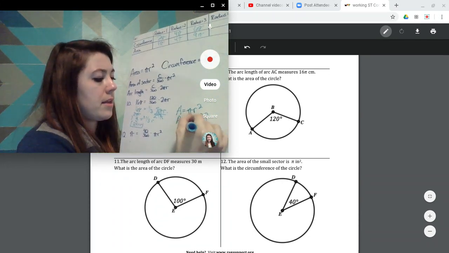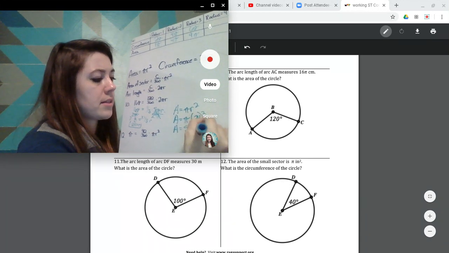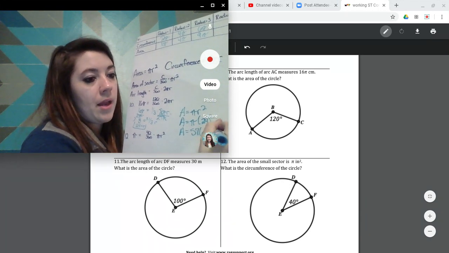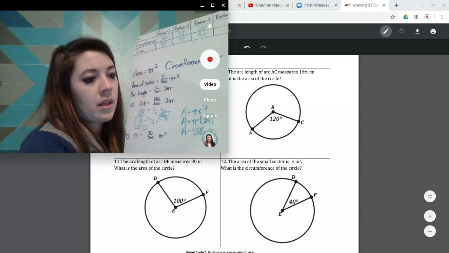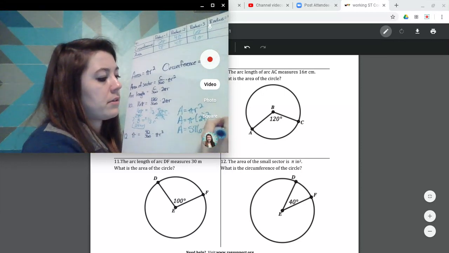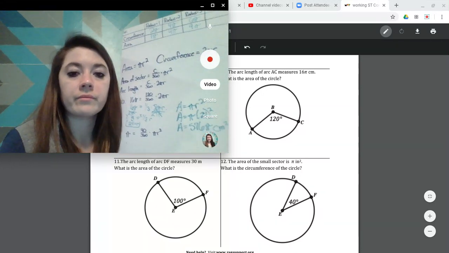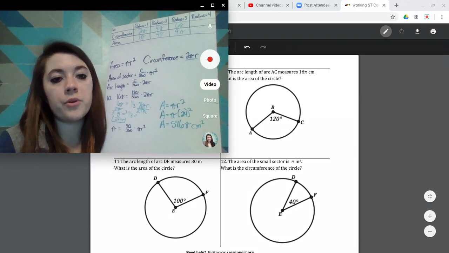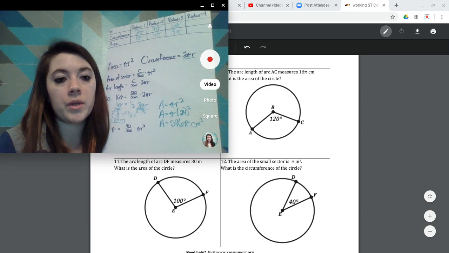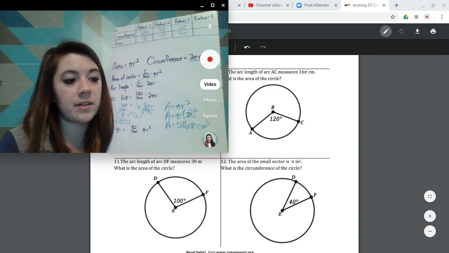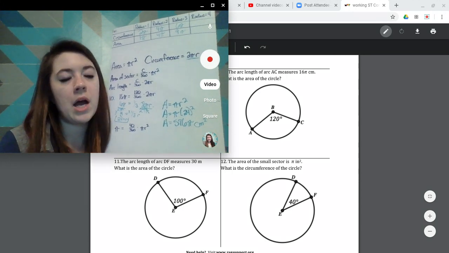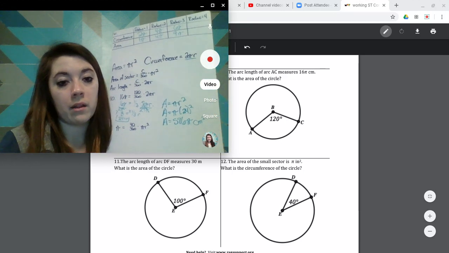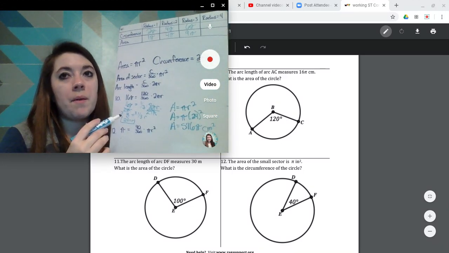So our area equals 576 pi centimeters squared. Oops, sorry, you can't see that. Like I've said before, when we're dealing with circles you can always leave your answers in terms of pi. That's perfectly acceptable. You can also multiply it through, and I will accept that as well. So that is number 10.